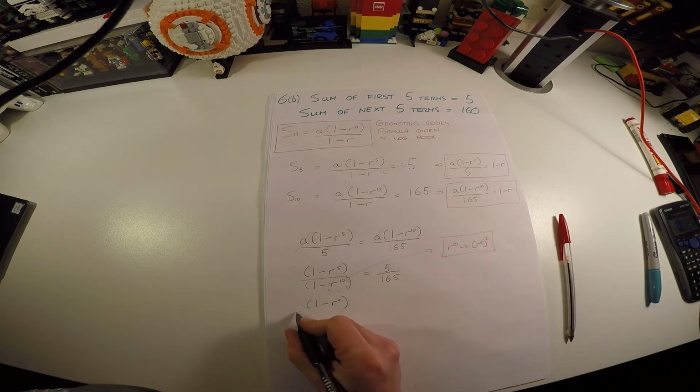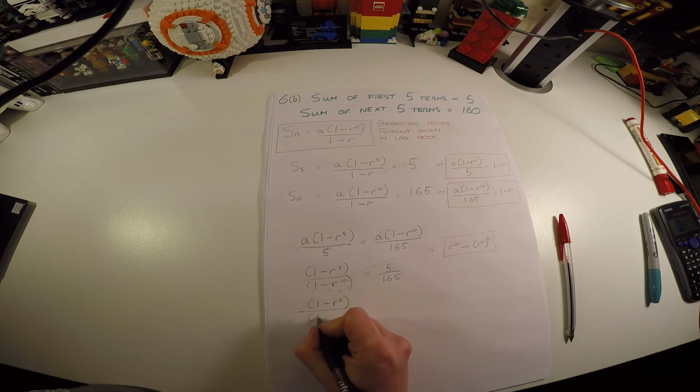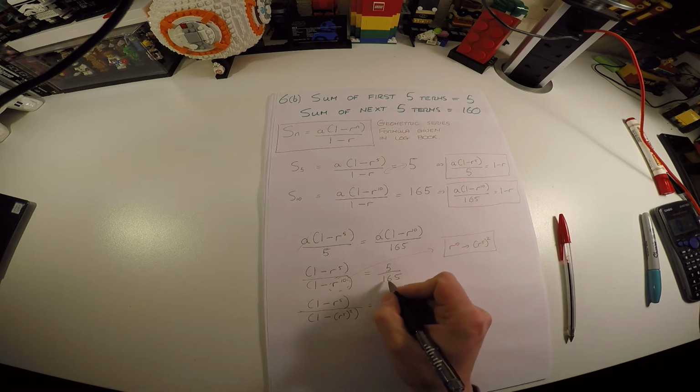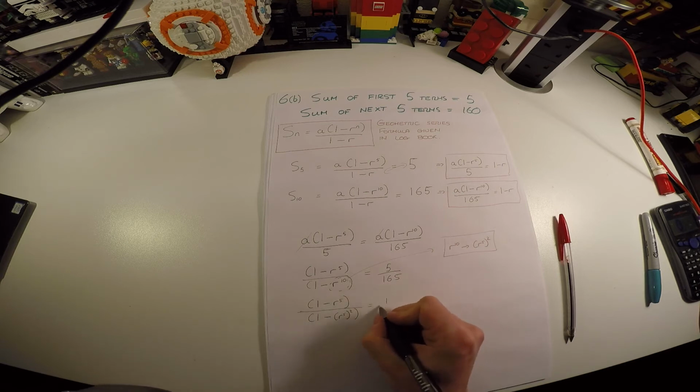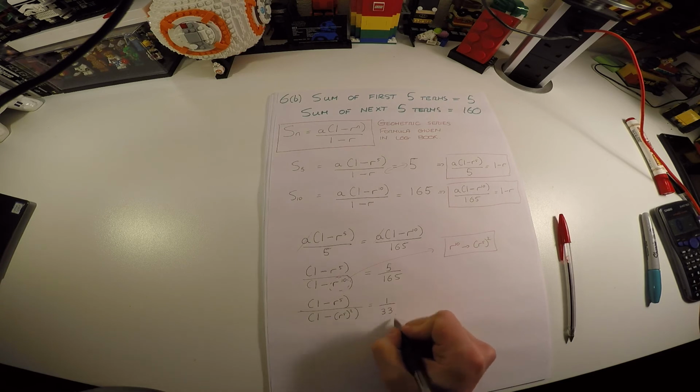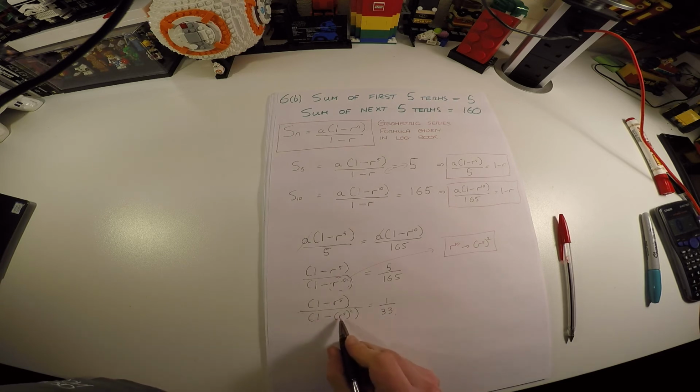So actually, I can do the bottom like this: 1 minus R to the 5 squared, still equal to this stuff over here. That definitely goes into something there, so I think that goes like 1 over 33. Now if we look at the bottom part, I hope you might see that's the difference of two squares.